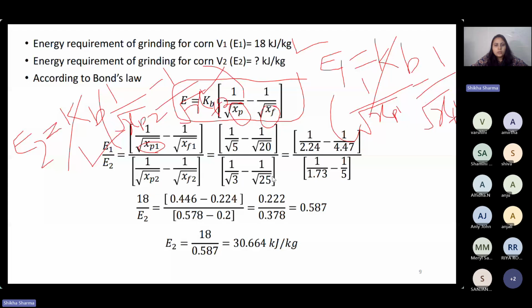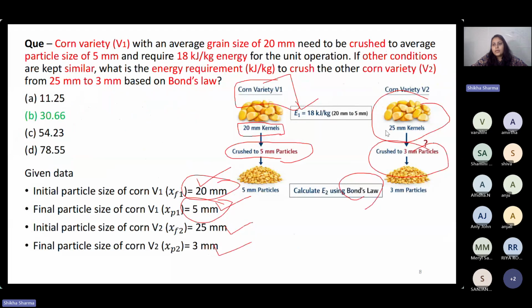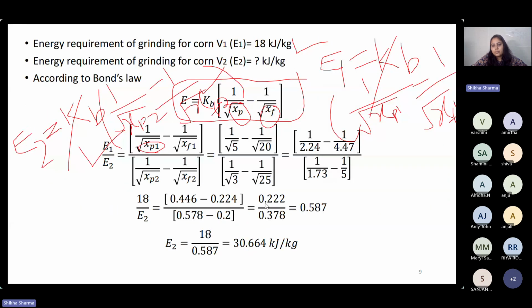For variety V2 we are reducing the size from 25 to 3, so xp2 is 3 and xf2 is 25. Root 5 is 2.24, root 20 is 4.47, root 3 is 1.73, and root 25 is 5.